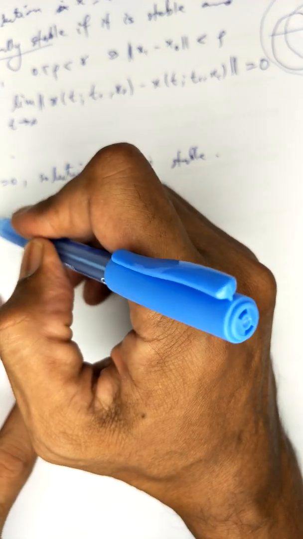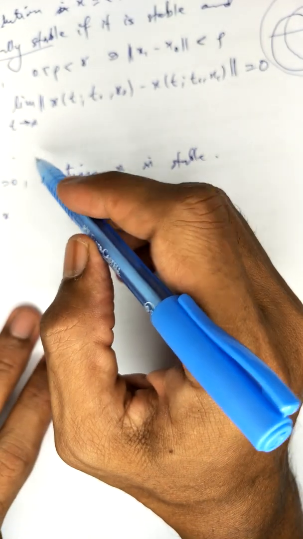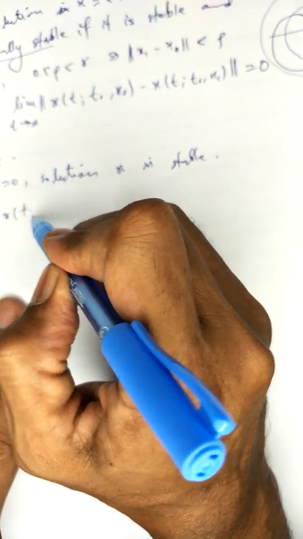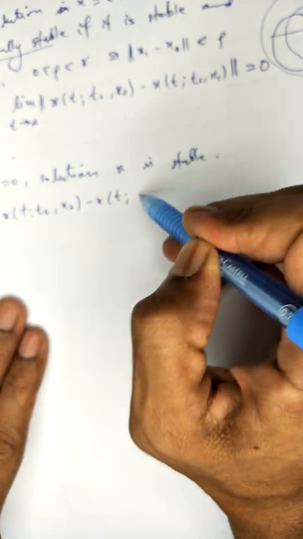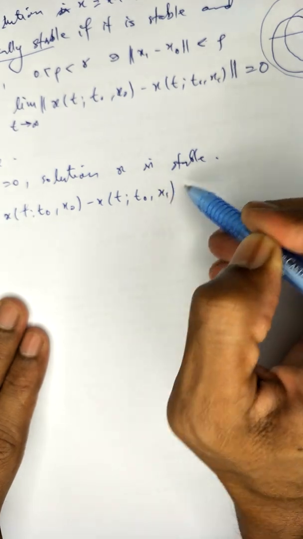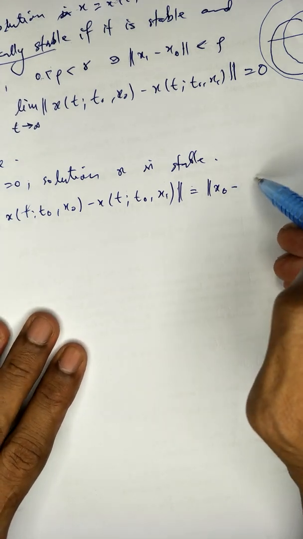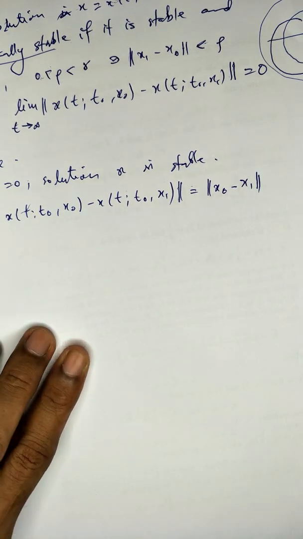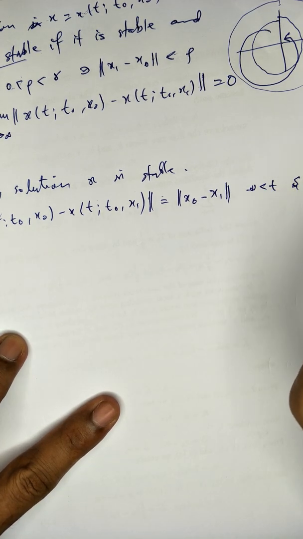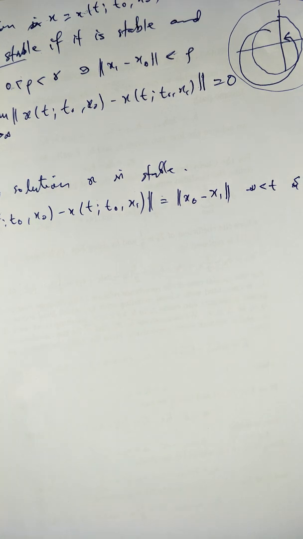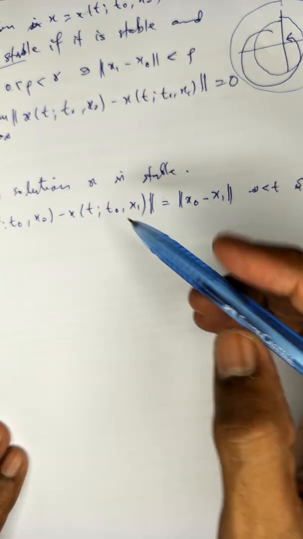Because if you take the difference using those definitions, we have x(t, t0, x0) minus x(t, t0, x1), which is equal to x0 minus x1, for t from minus infinity to infinity. So it is stable but not asymptotically stable.